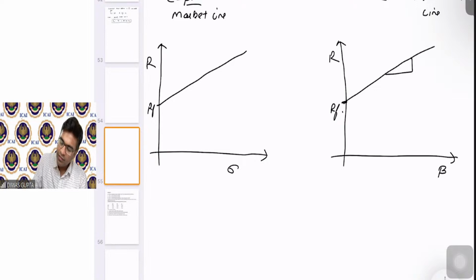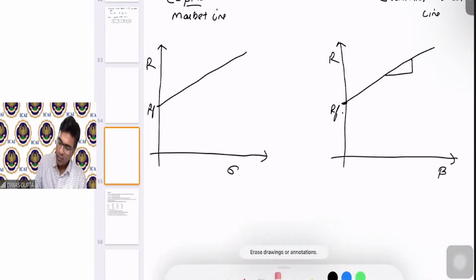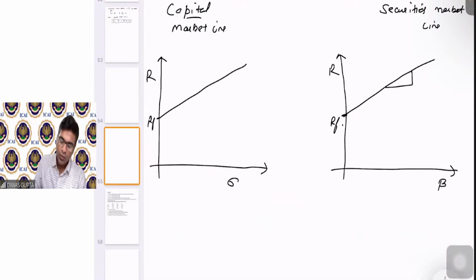And as we were discussing, these were the slopes. Now, students, please note that the standard deviation of market, let's say, is here. It crosses the line here. This is the point where the standard deviation of market is there on the x-axis.